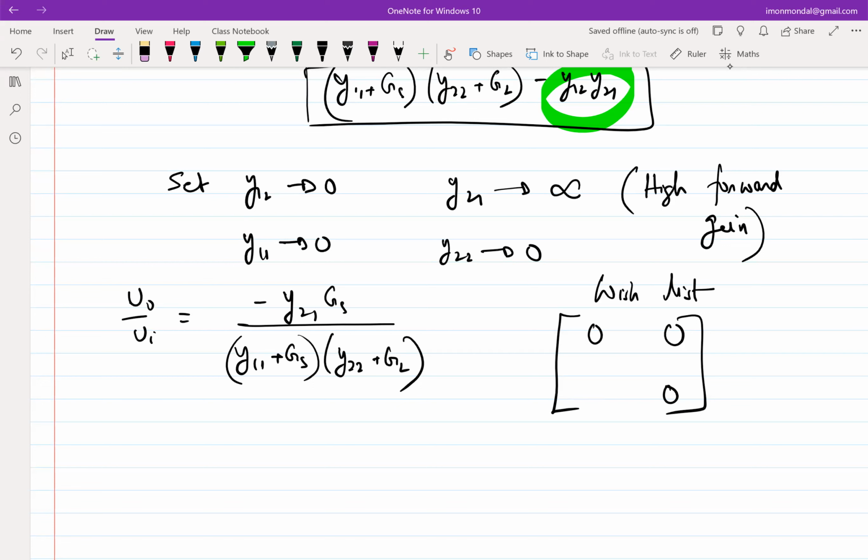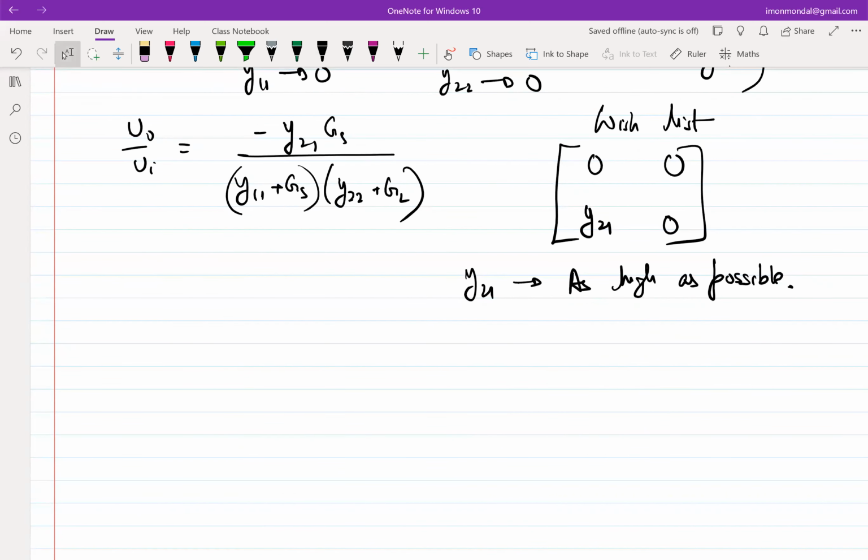Okay, if you are not comfortable with this, let me just keep it as y21 and say y21 should be as high as possible. Okay, so now this is again all algebra. I would like to see the implications of this, as to why this makes sense.